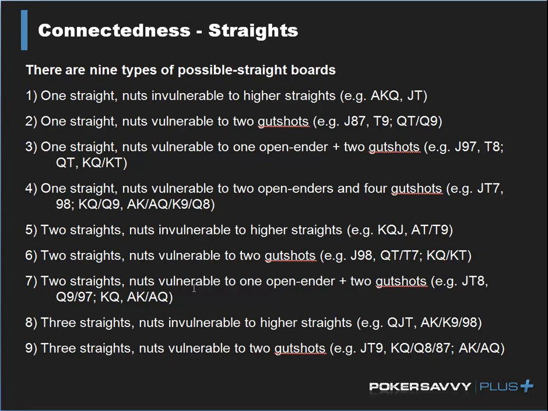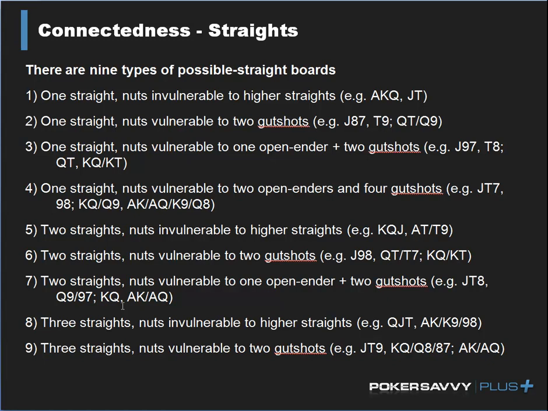For example, on a board like Jack-10-8, there are so many overwrap hands that you would much rather have than 9-7, even though 9-7 is technically favored against some of those hands, because of how poorly it does against the nuts and how well Ace-King-Queen does against the nuts.